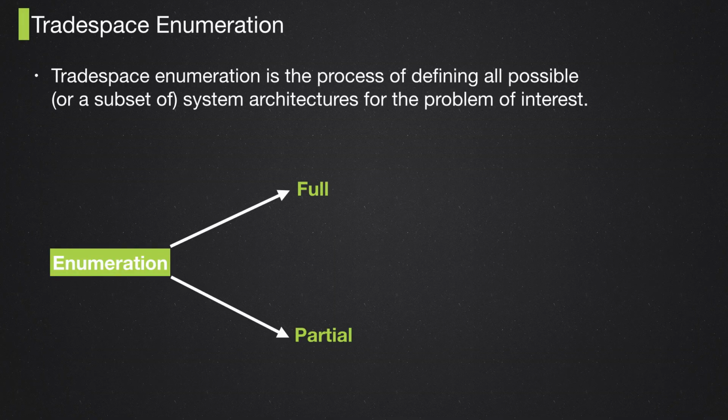Before going into detail, I just want to mention that enumeration can be either full, exhaustive, or partial. It's the same as in mathematics with combinatorial problems. You can either have an exhaustive enumeration of the possible combinations or a partial one that is guided by some principle.